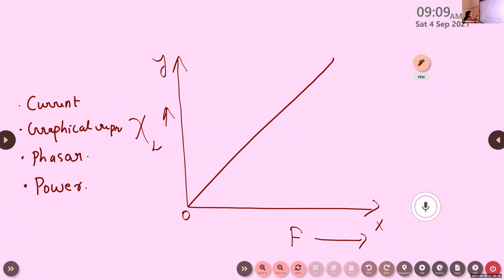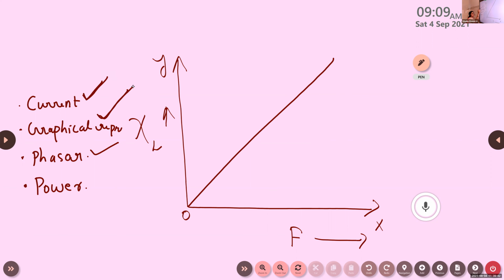I am just summarizing all the points, the topics we discussed under each category. In the case of resistor, we discussed the expression for current, then the graphical representation of AC voltage through resistor, then we drew the phasor diagram. The same thing we follow in the case of AC voltage through inductor. Here we derived the expression for current when AC voltage is connected through inductor, and the graphical representation.